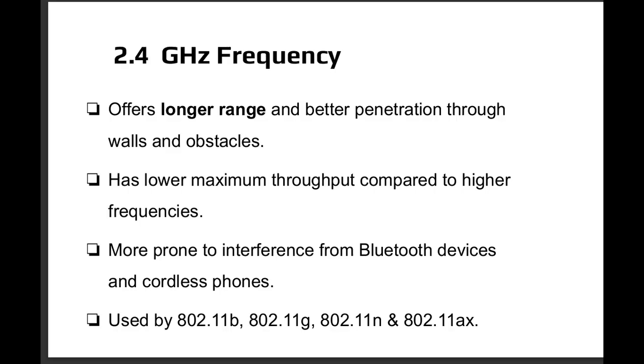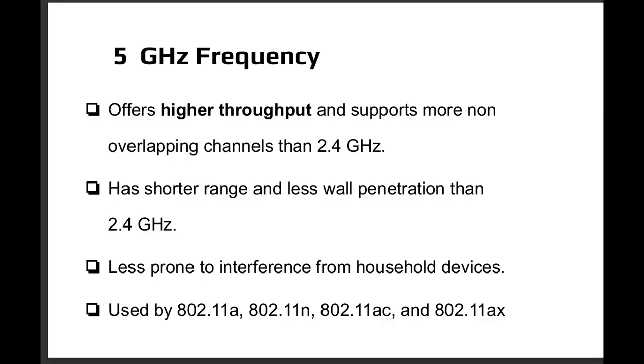The 5 gigahertz frequency offers higher data throughput speeds and has more additional non-overlapping channels. Within the 2.4 gigahertz frequency, there are only 3 individual channels that do not overlap: 1, 6, and 11. Within the 5 gigahertz frequency, we have a much larger amount of available channels.